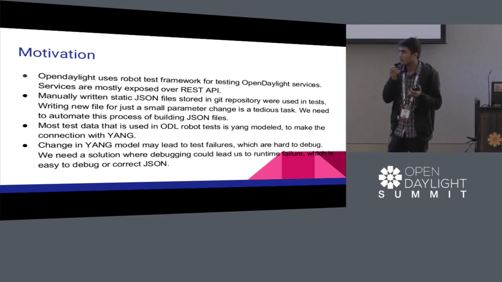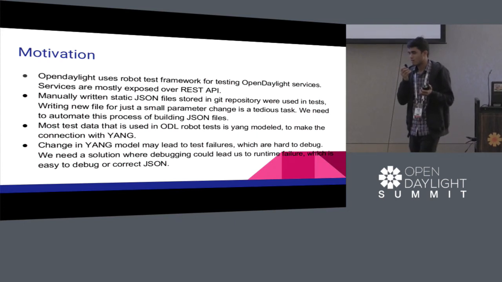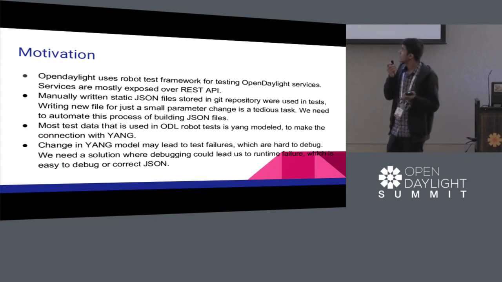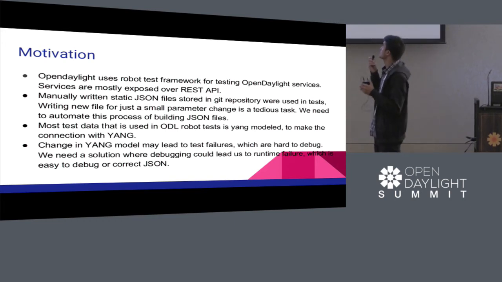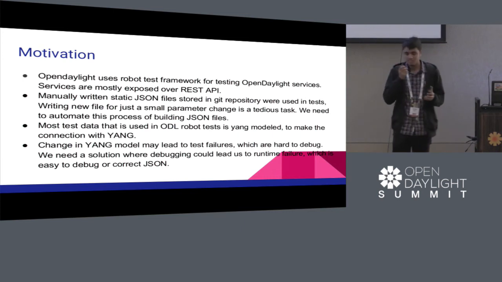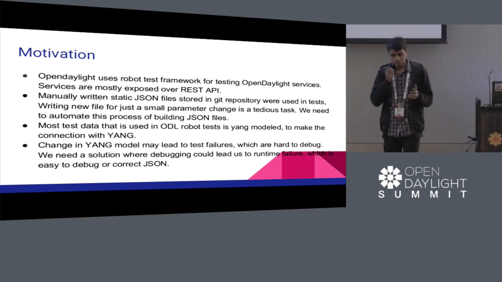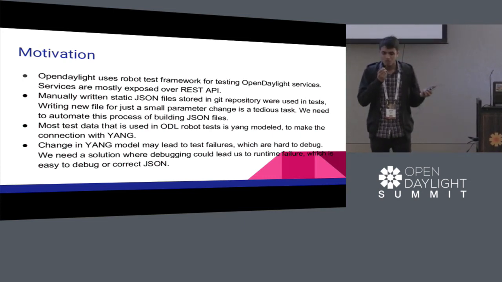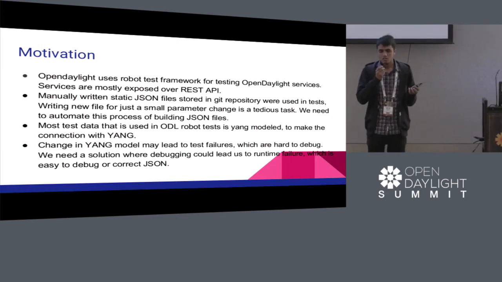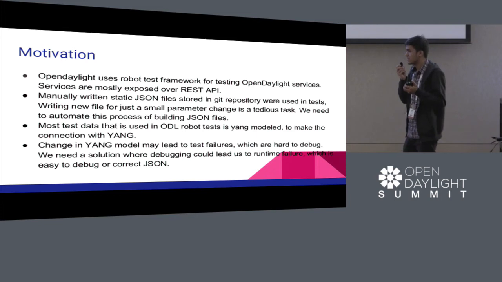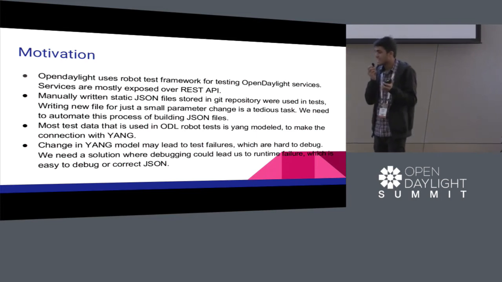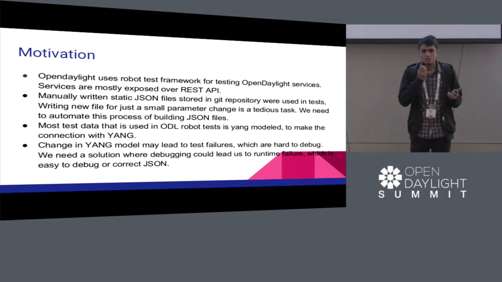Most of the test data used in ODL robot tests is Yang models. The second thing I considered is that if I change the Yang model itself, it is very difficult to debug what change I have made in the Yang model.